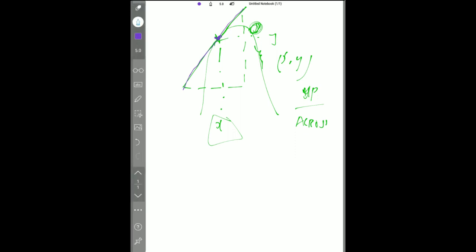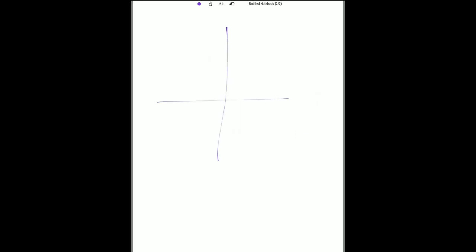In other words, let me show you exactly what I mean. If I have a curve, let's say particularly the curve y equals x squared, and I want to find the gradient of the tangent to the curve at that point, then the instantaneous rate of change of the curve at that point would be equal to the gradient of the tangent to the curve at that point.